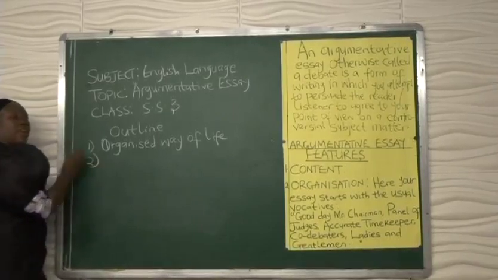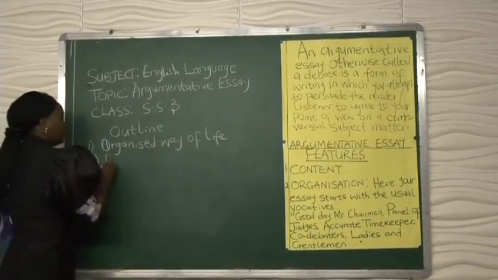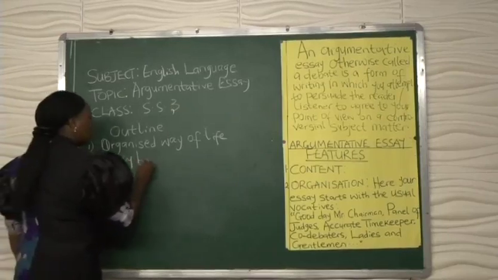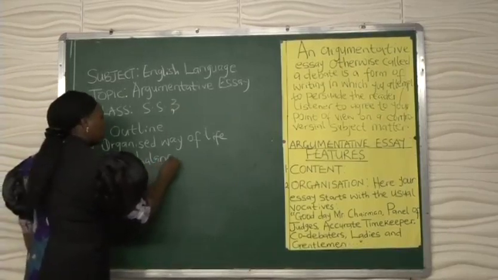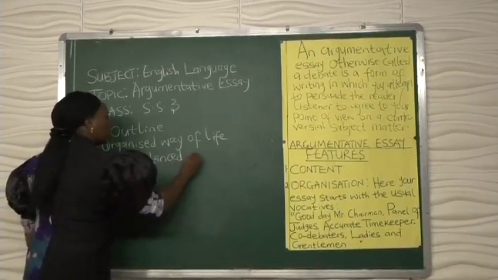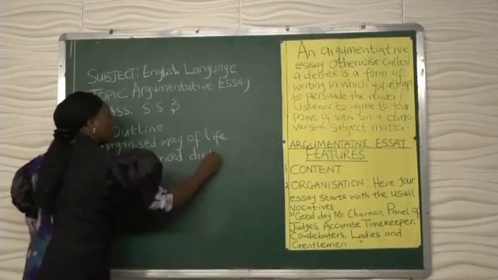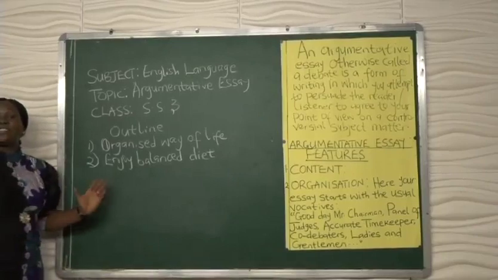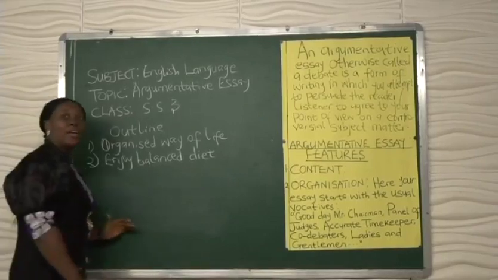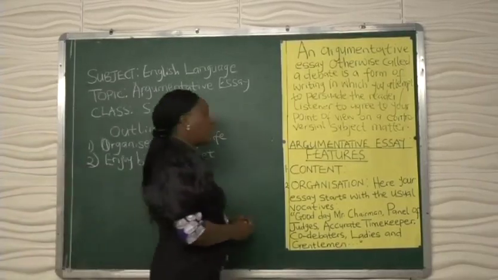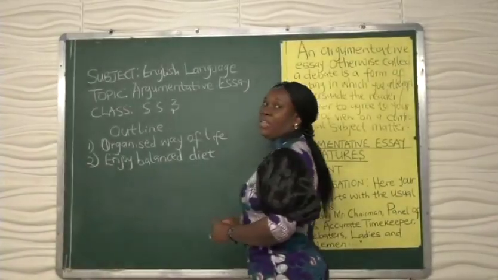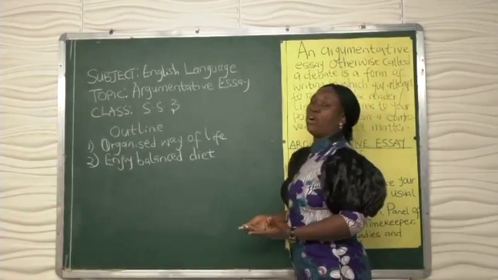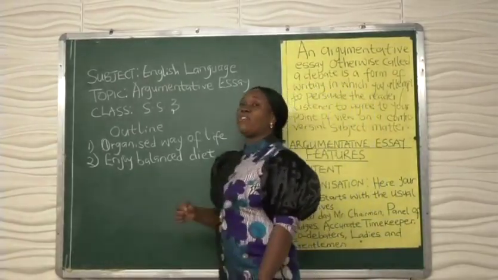I can also say that they enjoy balanced diet because everything there is being planned for them to really know what to eat at any particular time. And then I will also think of another point.